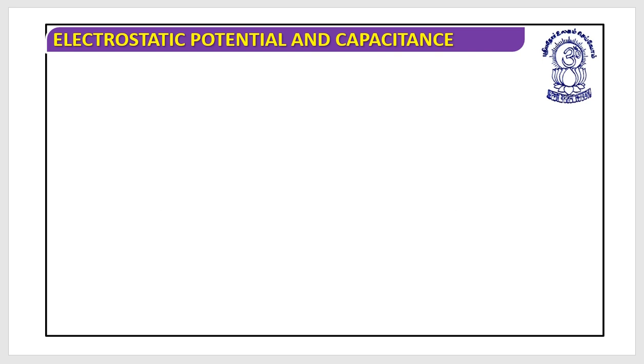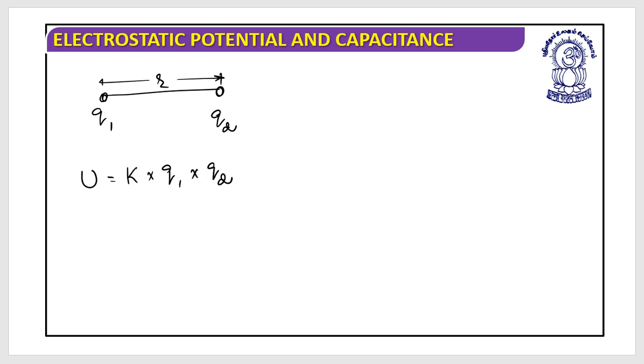Let's say this is the first charge q1, this is another charge q2, and the separation between these two charges is r. Then the potential energy of these two charges is k multiplied by q1 multiplied by q2 divided by r.